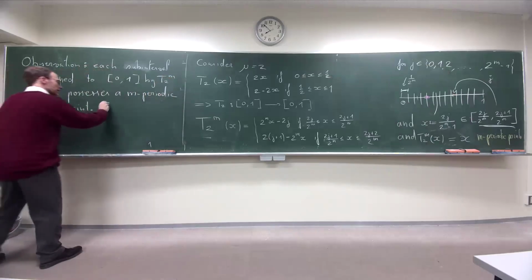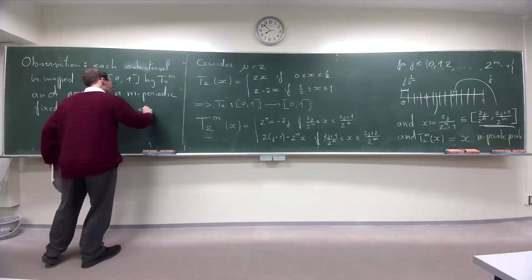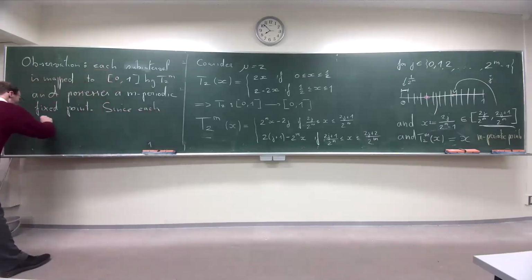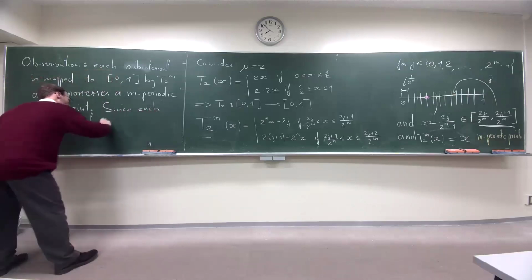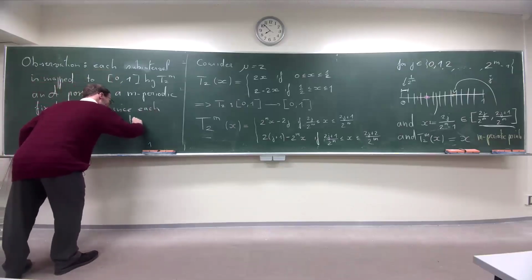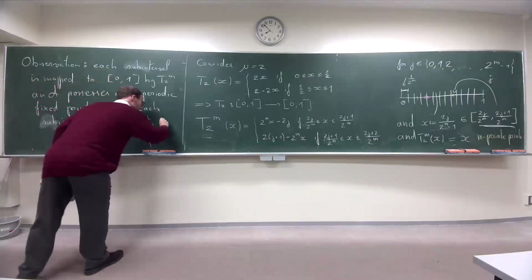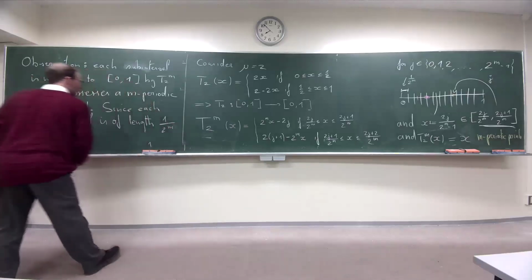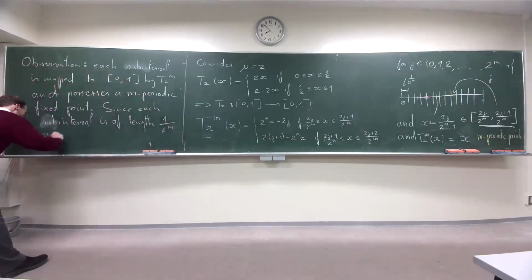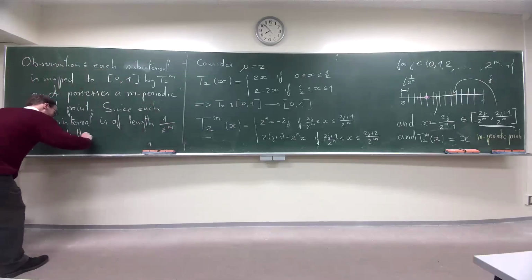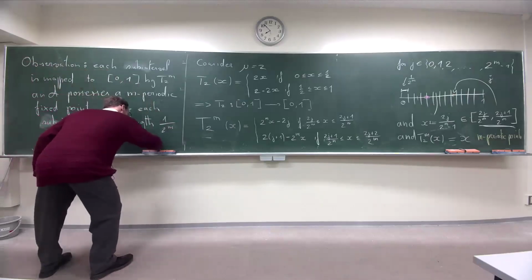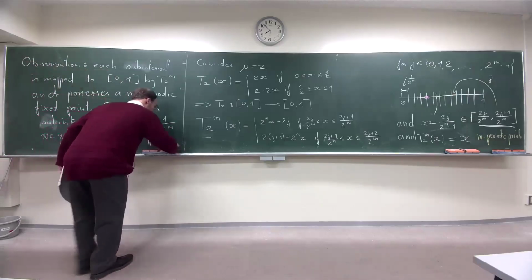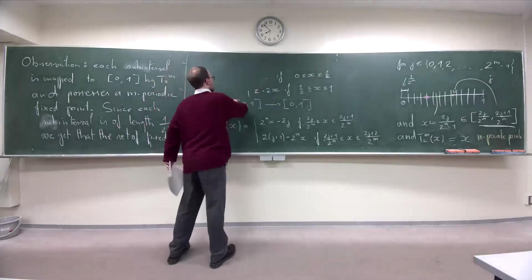And now, since each interval or subinterval is of length, what I just said, 1/2 power m, we get, well, the set of fixed points is dense in 0, 1.